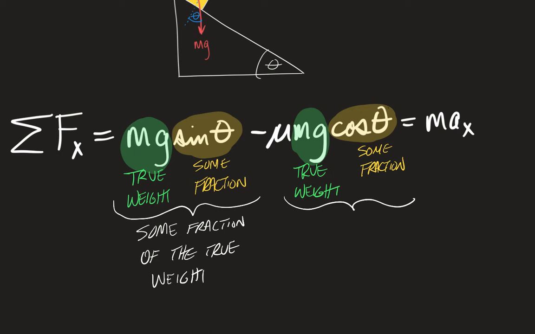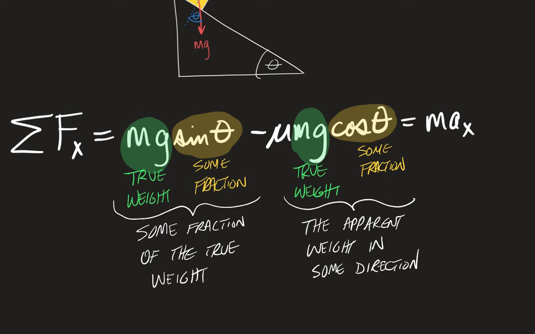Another way, and I'll write it for the other one, is the apparent weight in some direction. That's a little bit less obvious, in my opinion. Just the simplicity, the general thing. Here's this fraction called sine, and here's this thing called mg called true weight. So whatever this is, it's some fraction of the true weight.